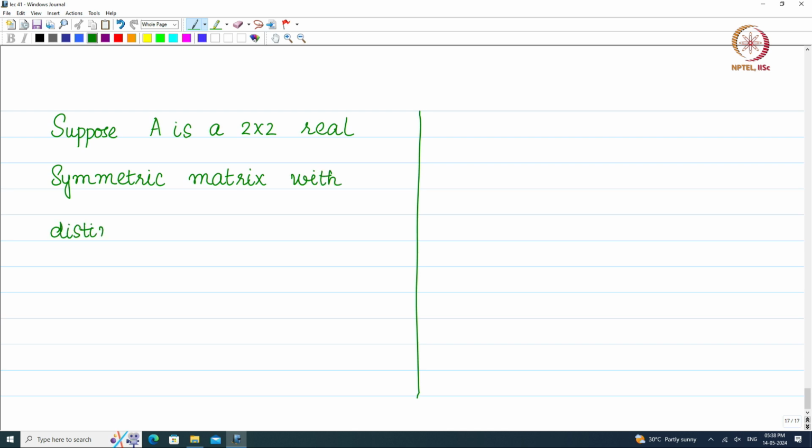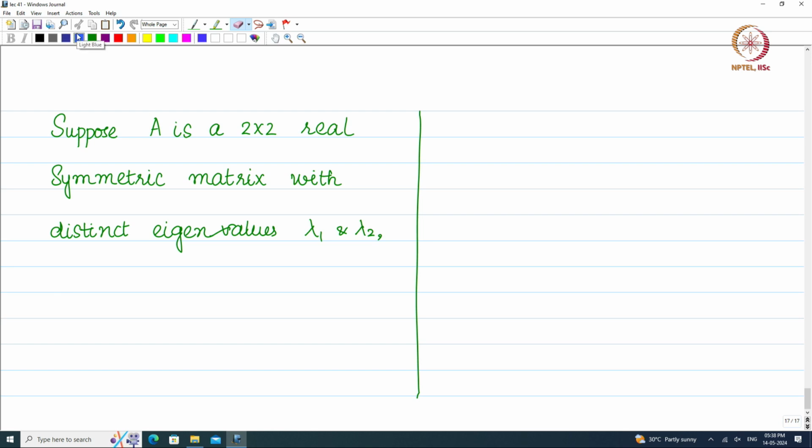Say lambda 1 and lambda 2 are the eigenvalues.